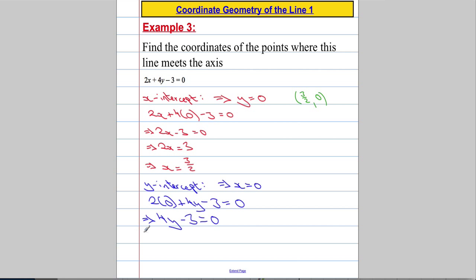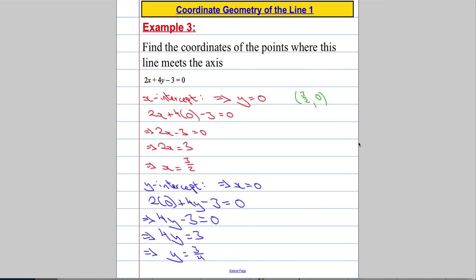That implies I'm going to add 3 to both sides. So 4y equals 3, and then finally divide both sides by 4. So we get 3 over 4.